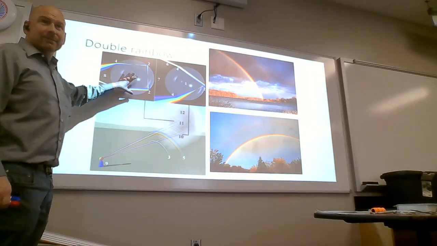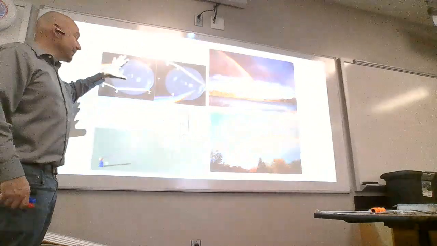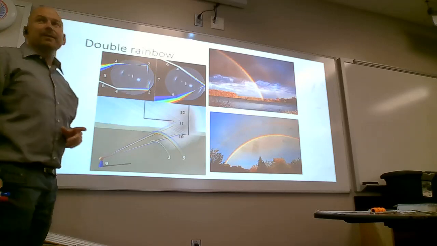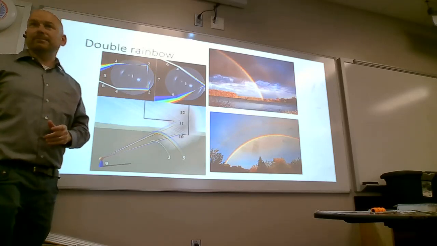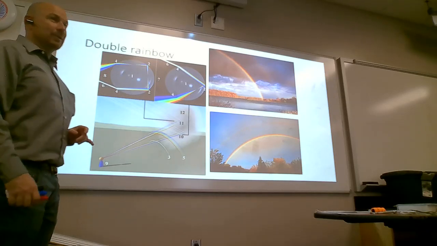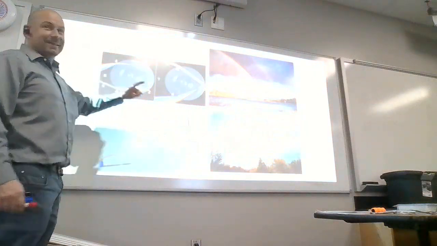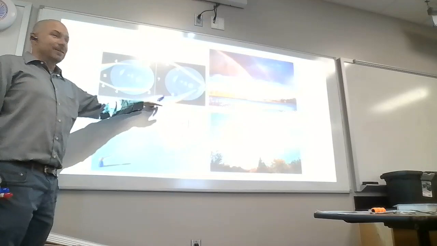It happens, but it's so faint that we don't see it unless the sunlight is super bright. Then you can see a double rainbow. That's why they're rare. Okay, check this out. See this order?